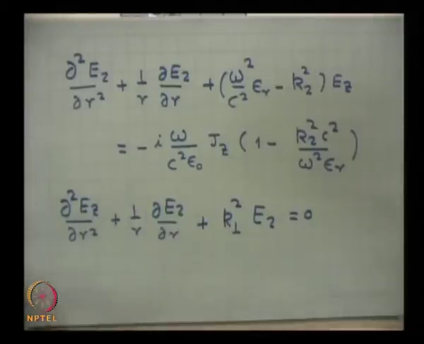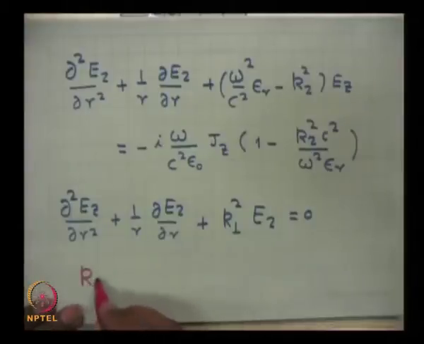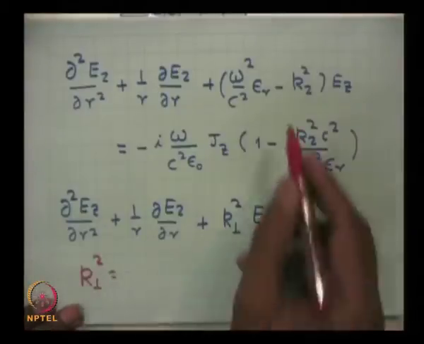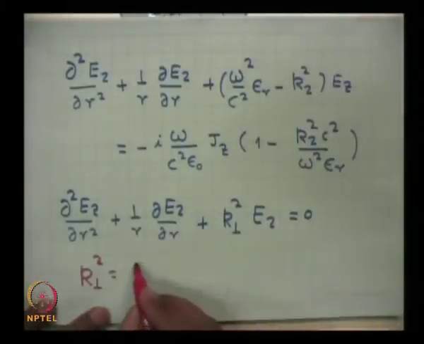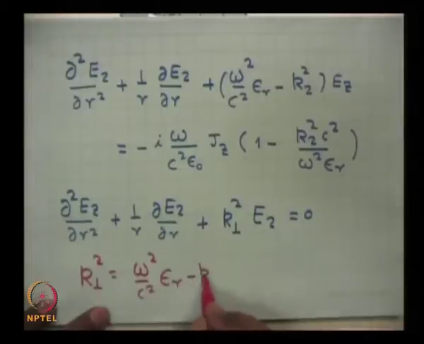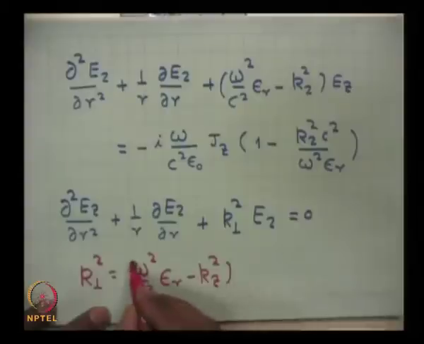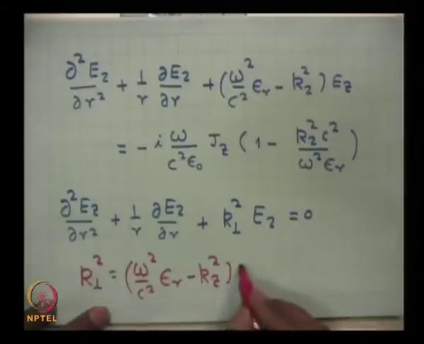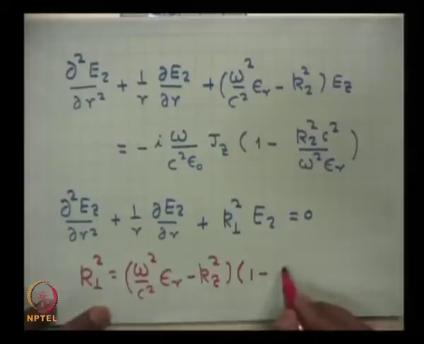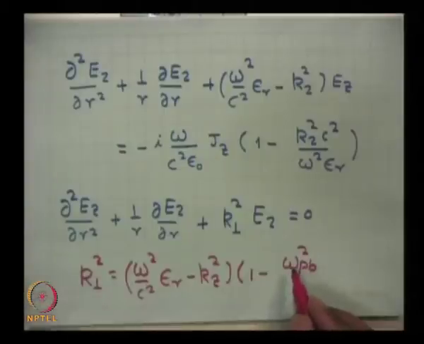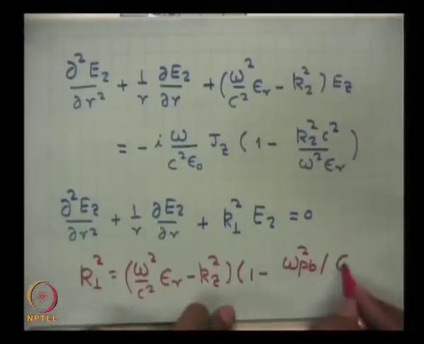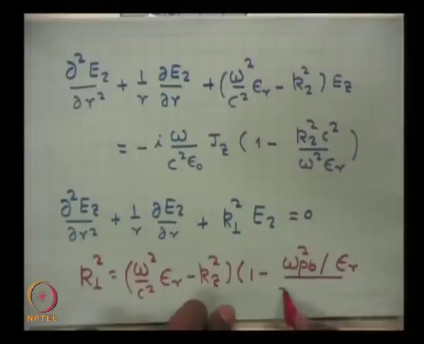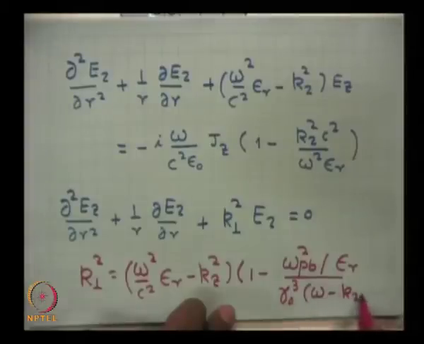It is a simple expression. k⊥² turns out to be a common factor like this, which I can write as (ω²/c² εr minus kz²) multiplied by 1 minus ωpb², beam plasma frequency squared, upon εr γ0³ (ω minus kz v0)².